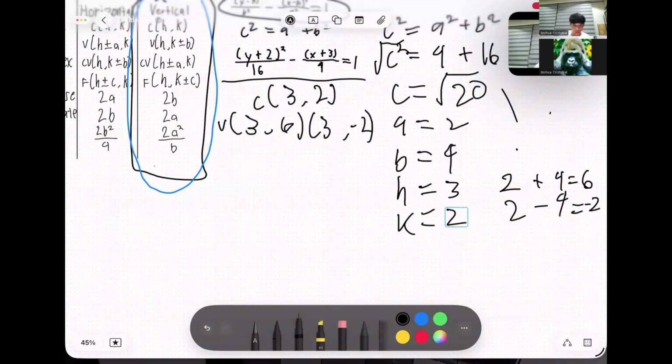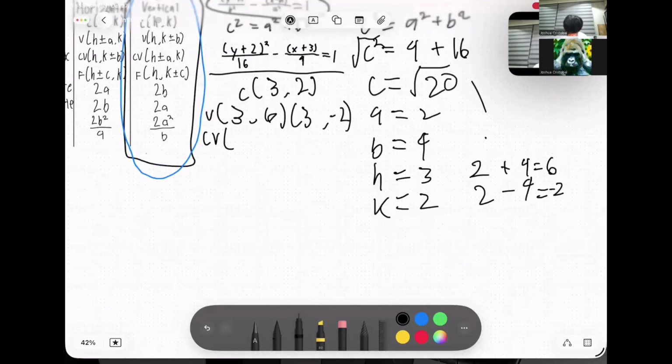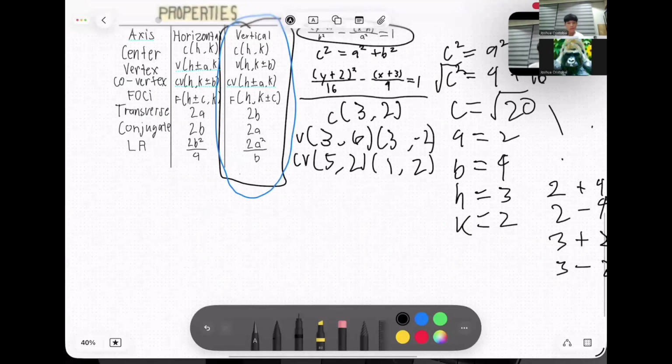After that, let's solve for the co-vertices. They are given at h plus minus a. So 3 plus 2 is 5, and 3 minus 2 is 1. So the co-vertices are 5 comma 2 and 1 comma 2. Next is to get the foci.